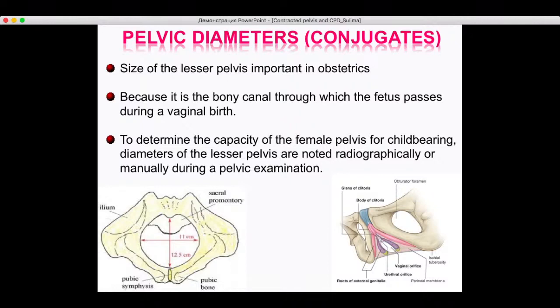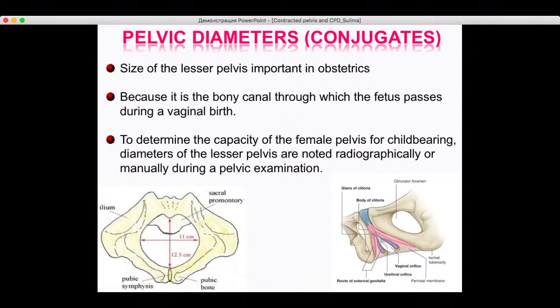What are pelvic diameters? Such conjugates from the obstetrical point of view. The size of the lesser pelvis is important in obstetrics, because it is the bony canal through which the fetus passes during a vaginal delivery.